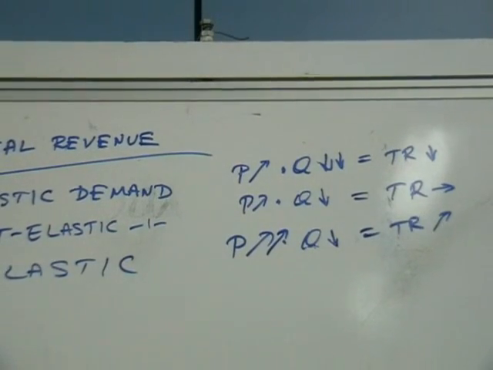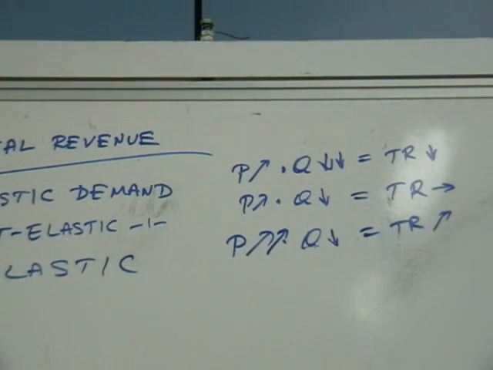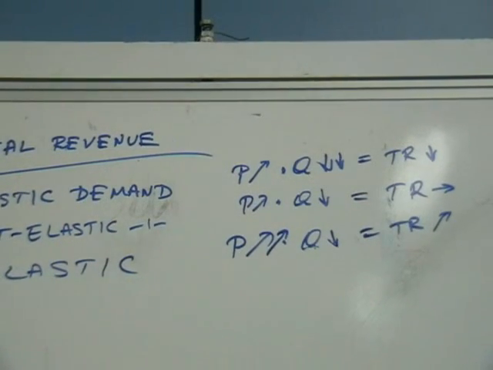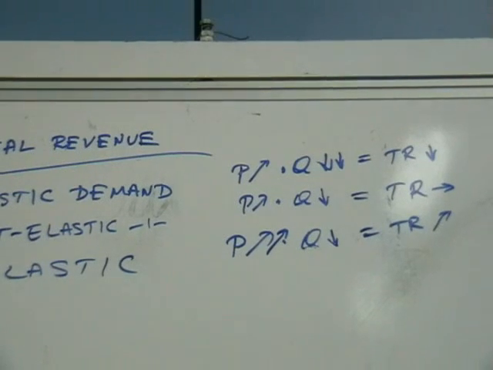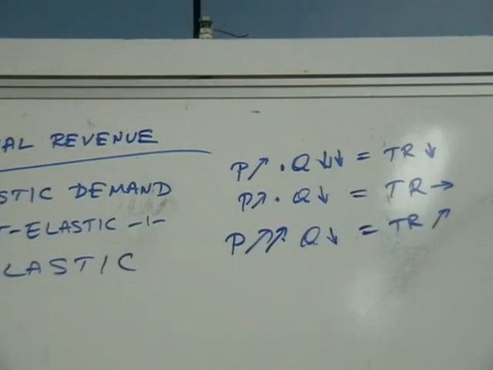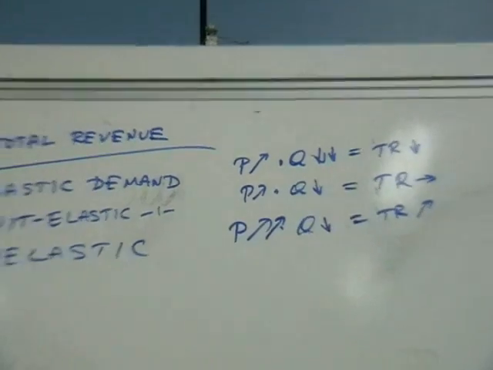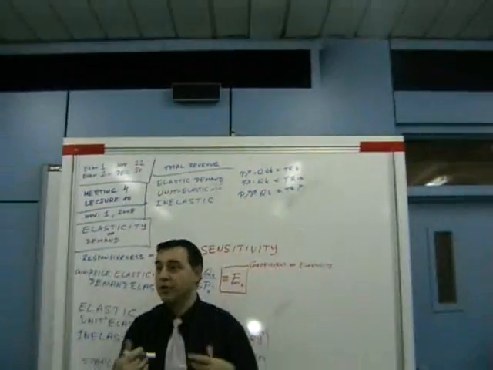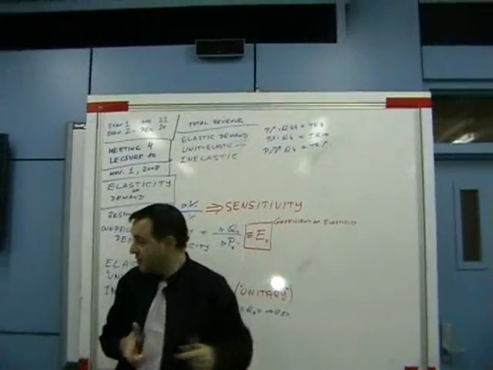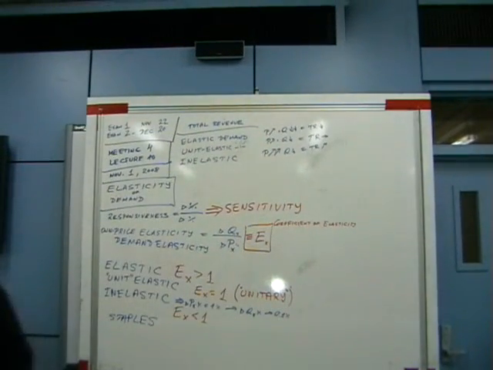All right? So that's the basic relationship with total revenue. In other words, if consumers are sensitive, you cannot raise the price on them to boost your revenues. Of course, if they are elastic, the way to increase your revenues is just to lower the price. You lower the price and suddenly they will all be buying a lot more of your good, okay? And vice versa. Let's see what else we have.